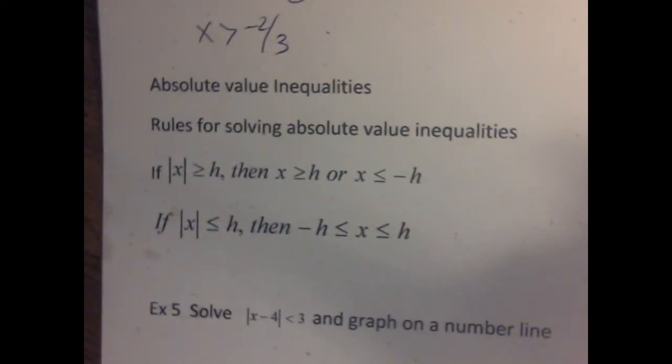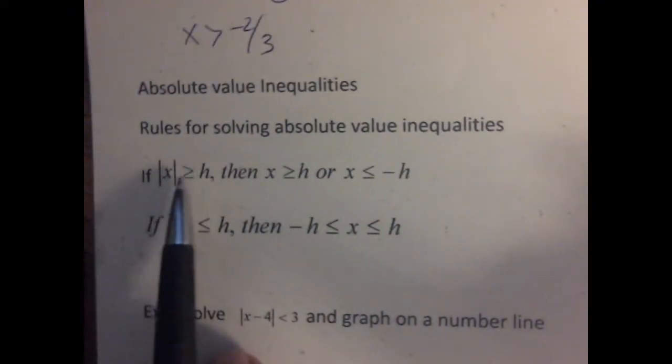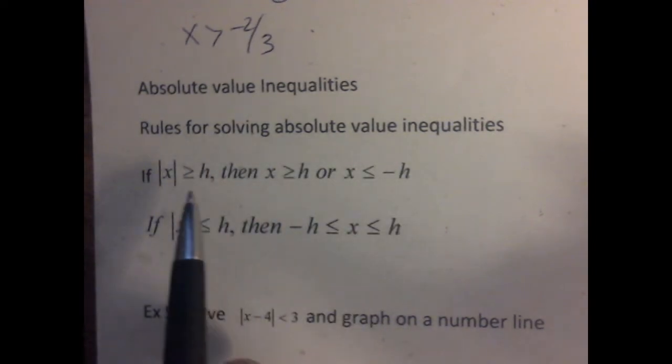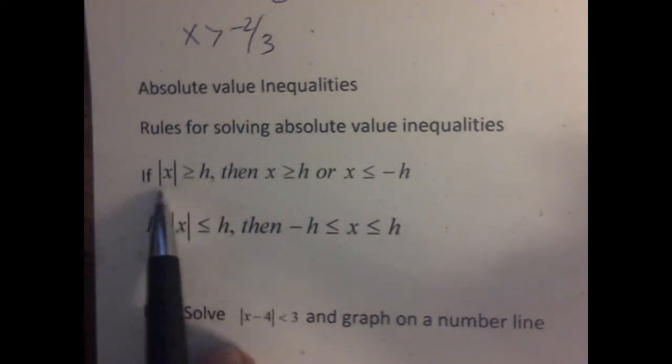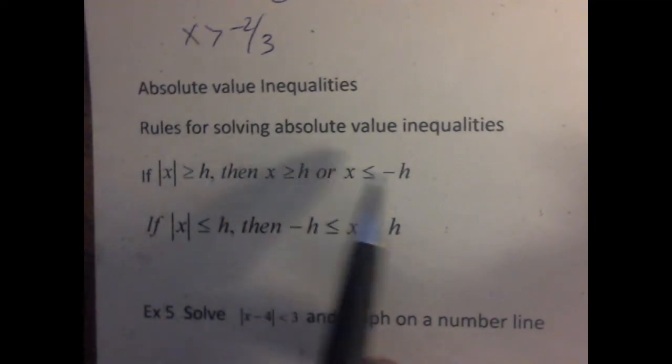The other type of inequality we're going to be looking at are the absolute value inequalities. So we had rules for absolute value equations. If we had the absolute value of x equals some number, it equals the positive or the negative. Well, with absolute value inequalities, it depends upon what symbol you're given how to create your two inequalities.